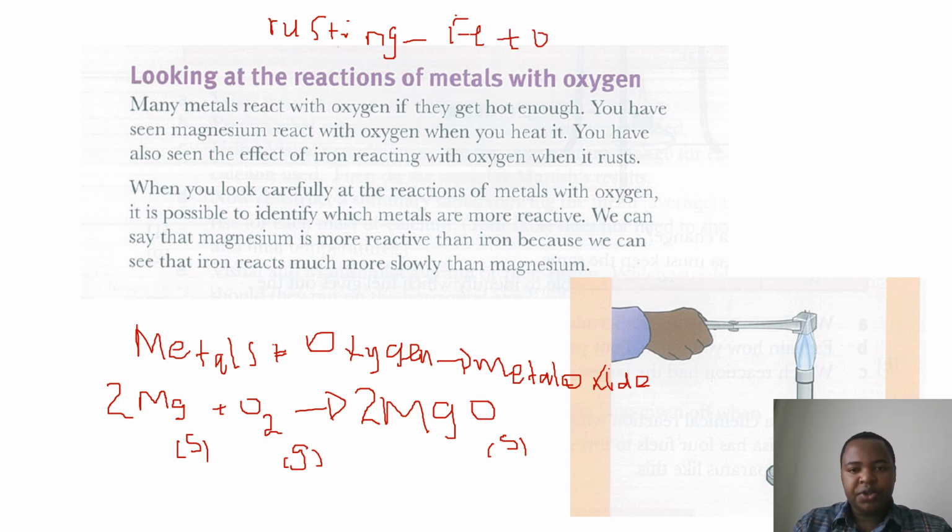Iron reacting with oxygen forms iron(III) oxide in the presence of water. So by observing how metals react with oxygen, we can rank them in terms of reactivity.